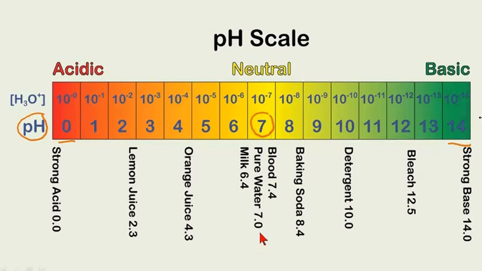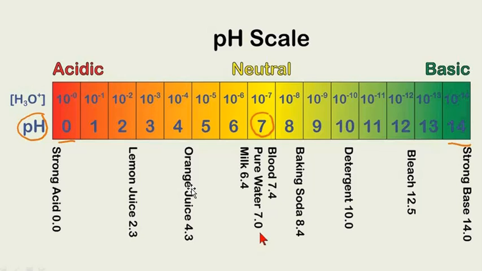Now, at the bottom of the scale you can see the pH value of a few solutions which we use in our daily lives. So, lemon juice, the pH is 2.3.